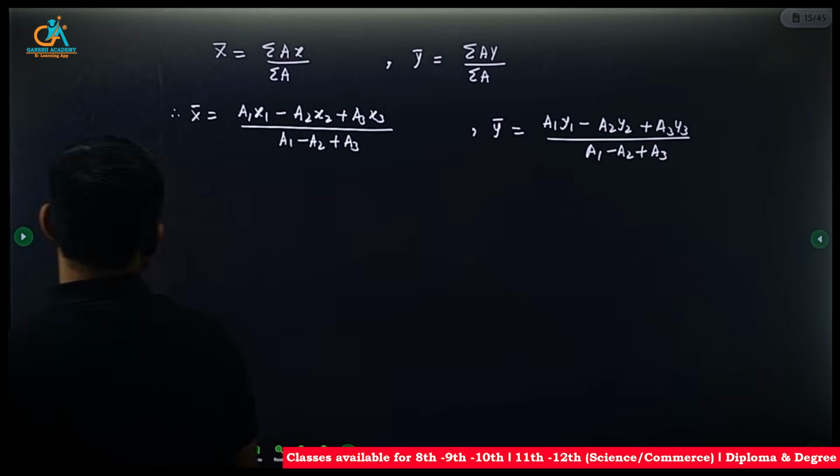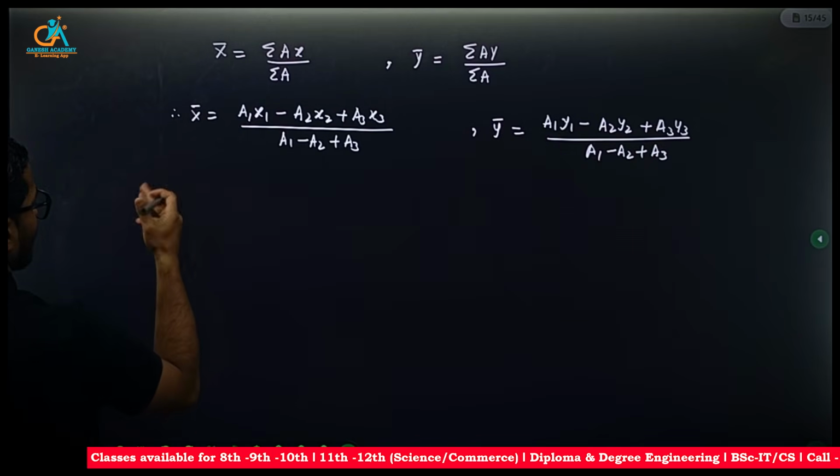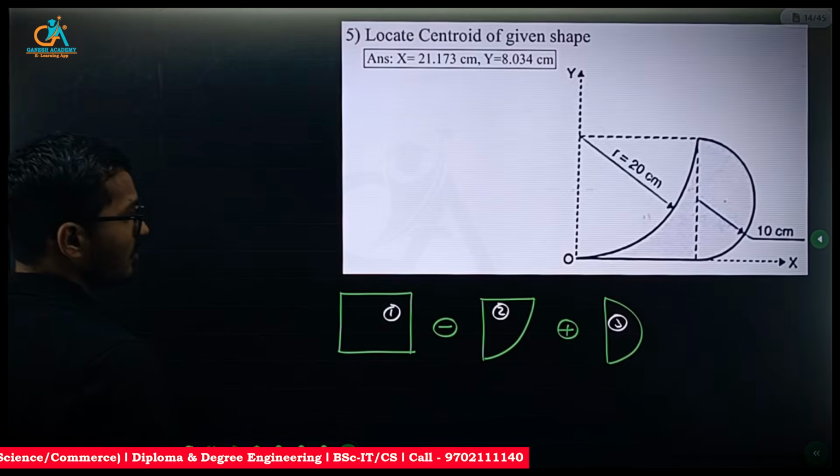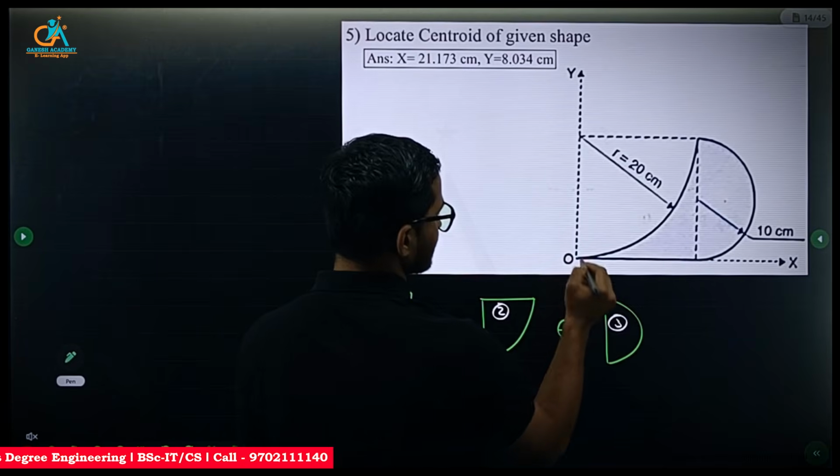So we are going to find first the area and centroidal distance. Where is the origin given? Here, right?